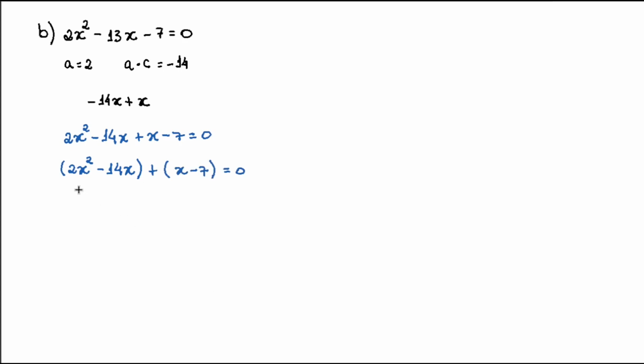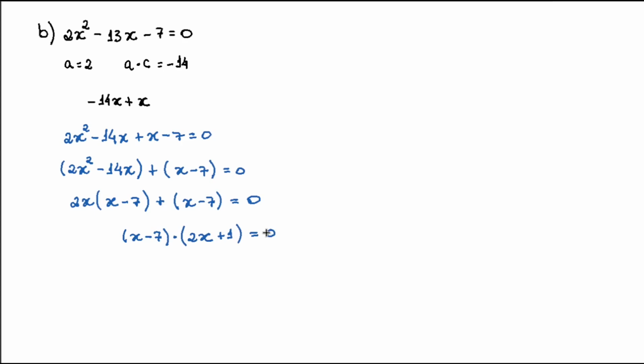Next, we factor the first pair by writing 2x times x minus 7. Notice that one of the factors is equal to the second pair. This way we can factor the whole equation by writing x minus 7 times 2x plus 1 equals 0.